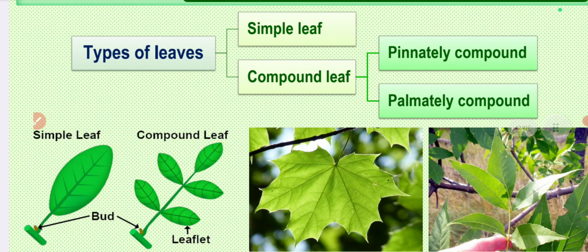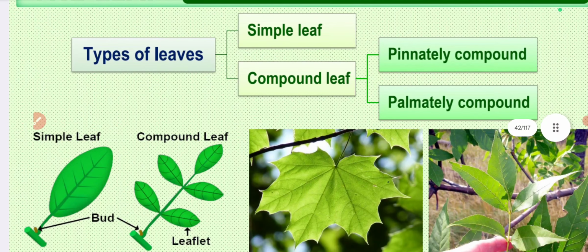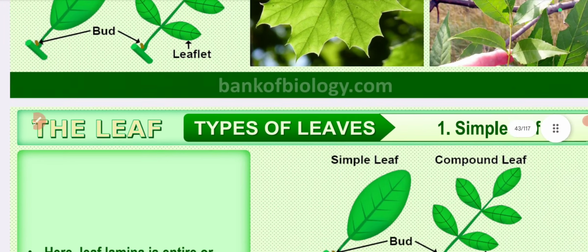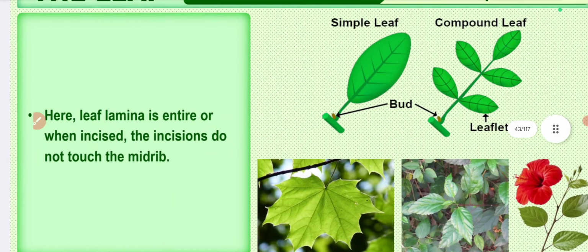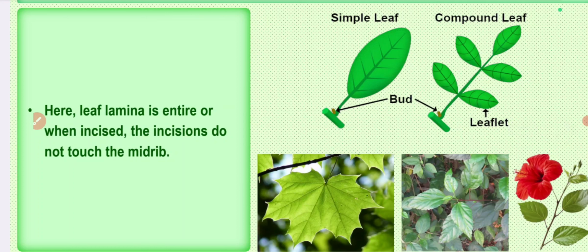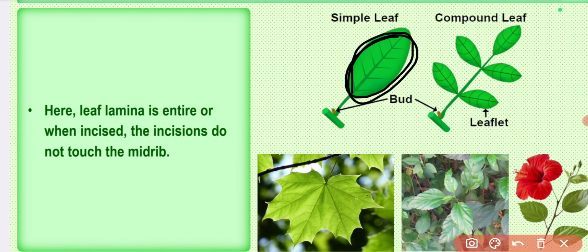types of leaves. Types of leaves: simple and compound leaf, and compound leaf is divided into two parts, pinnately compound and palmately compound. First of all, let's start with the simple leaf. In a simple leaf, the leaf lamina is entire, or when incised, the incisions do not touch the midrib. First of all, the leaf lamina is entire like this, circular type.